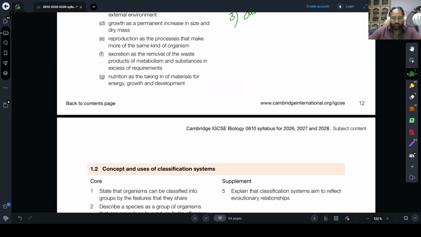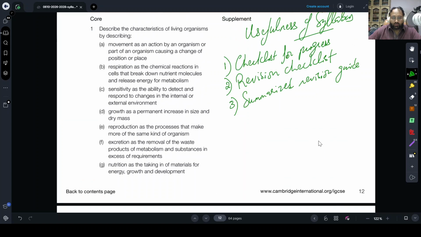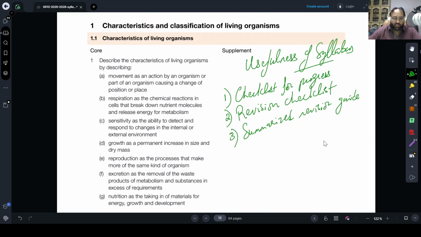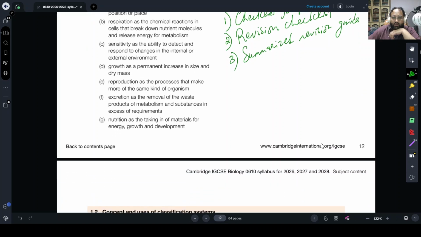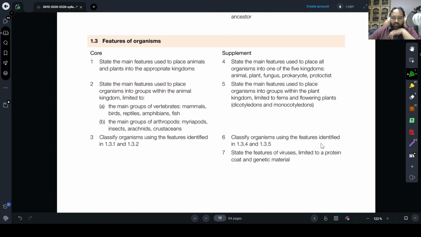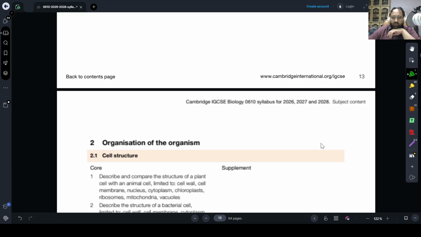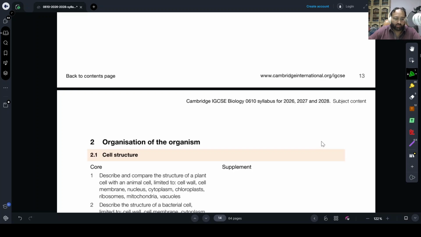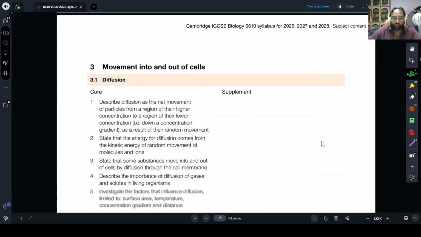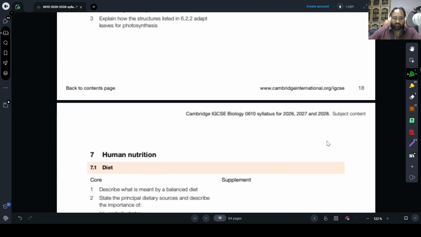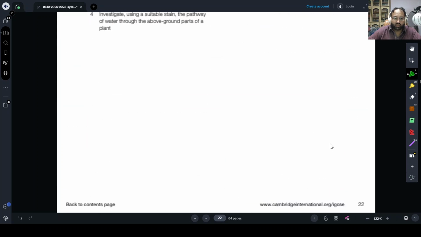Yes, sorry. So that's why I say that you can use it as a summarized revision guide. Obviously, it's missing the details and the explanations. But if you are 100% on the syllabus, then you are very well good to go. Obviously, practicing past papers and how to attempt the questions is a separate skill as far as the content is concerned.